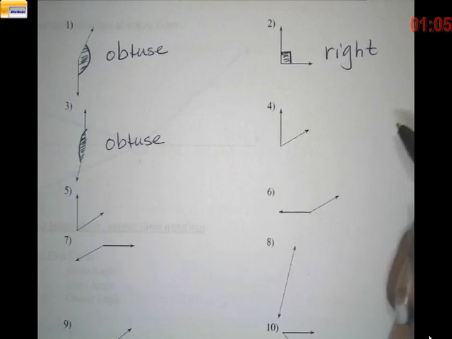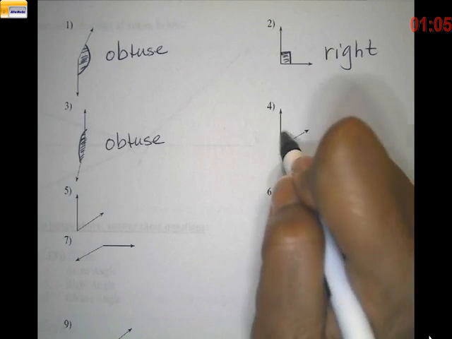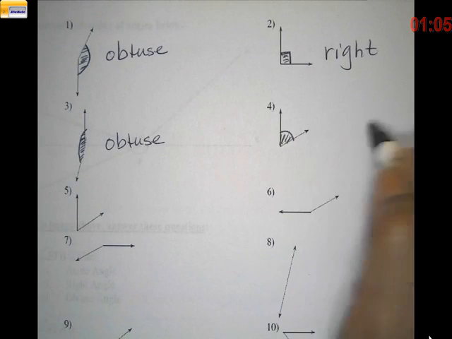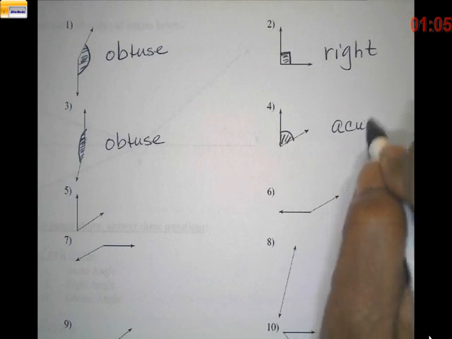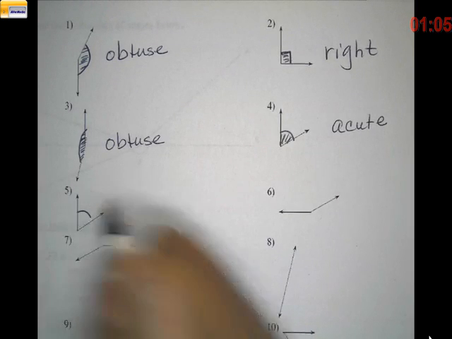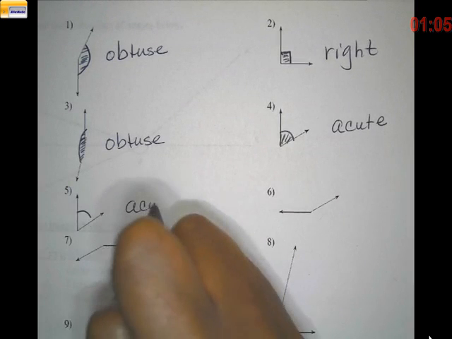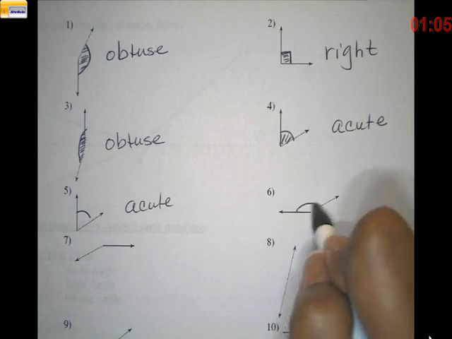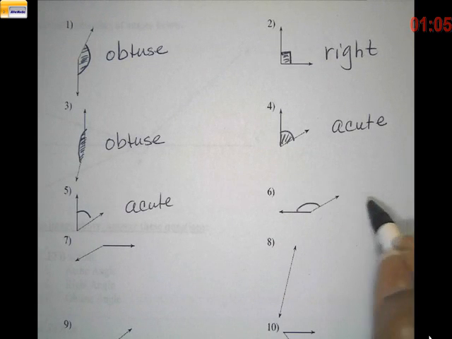So you got to watch what I do. Well, number 4 is pretty easy, huh? Acute. Okay, what's number 5? That one's pretty easy. Acute. Number 6. Obtuse.